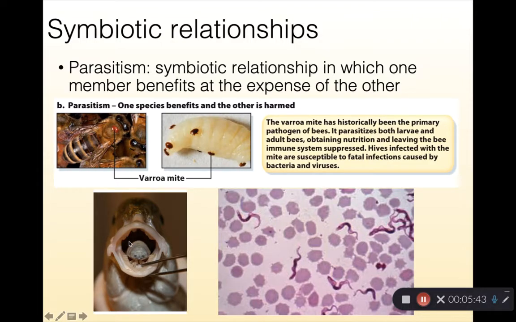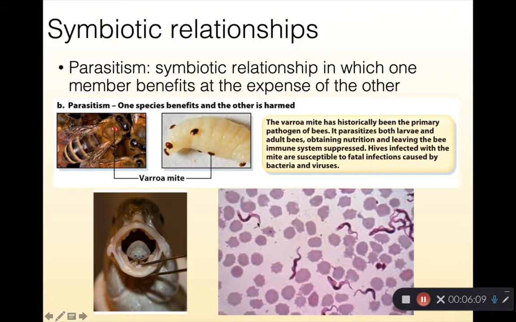On the other end of parasitism, we have parasites that can be quite small, near the cellular level. This is a parasite called Trypanosoma cruzi, and this is the causative agent of a disease called Chagas disease, which is prevalent in parts of South America. And this is what those parasites look like swimming amongst red blood cells.